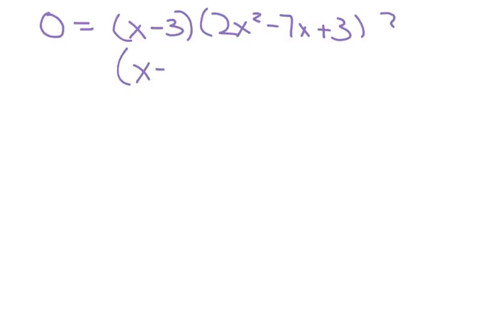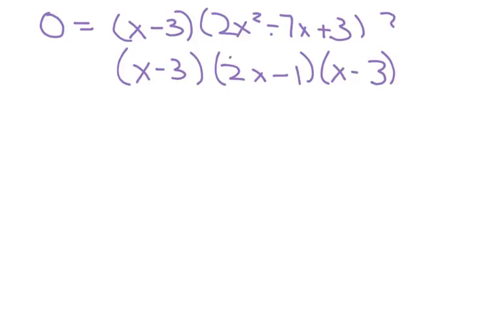Let's see. I'm going to try. So I'm going to get 2x, x, a 3. They're both negative because that's negative and that's positive, and 3 and 1. So I need a 7, so I'm going to put the 3 here and the 1 here. This gives me negative 6 plus minus 1, which is negative 7.